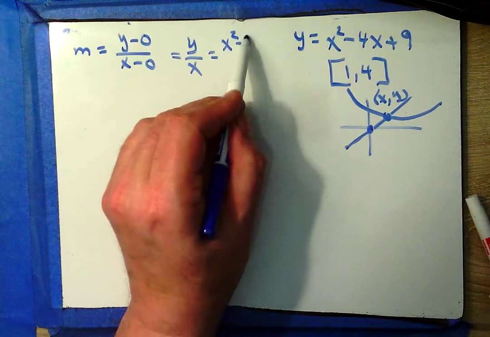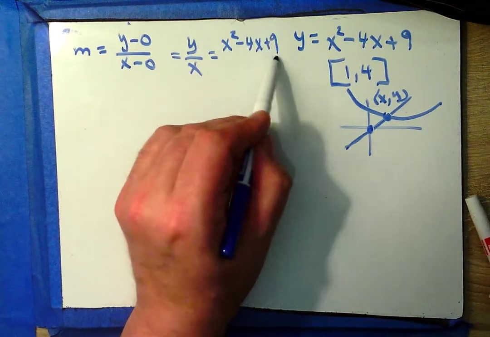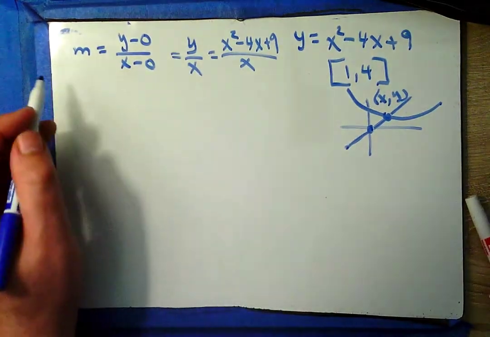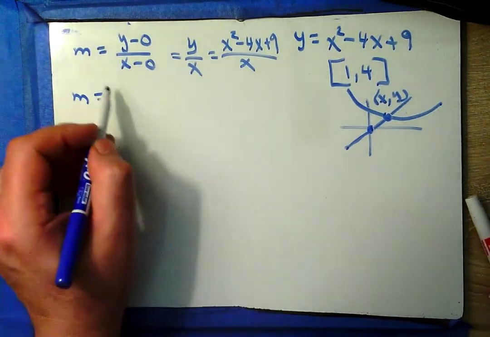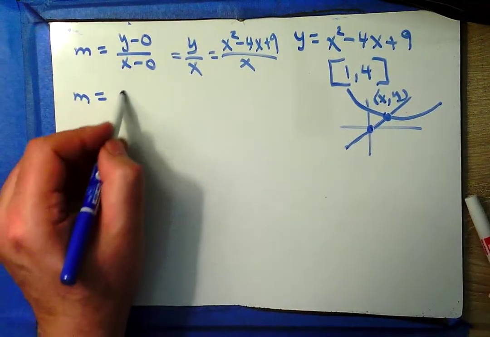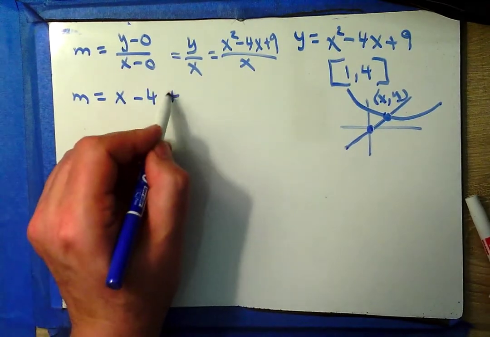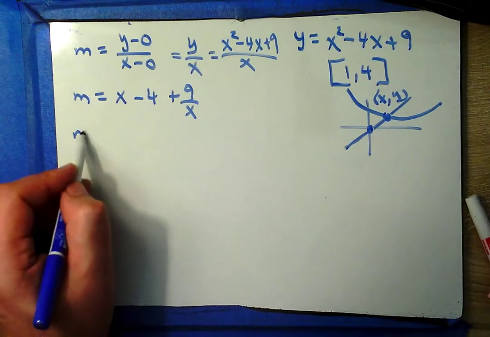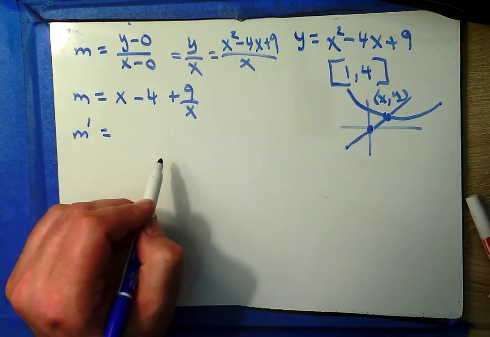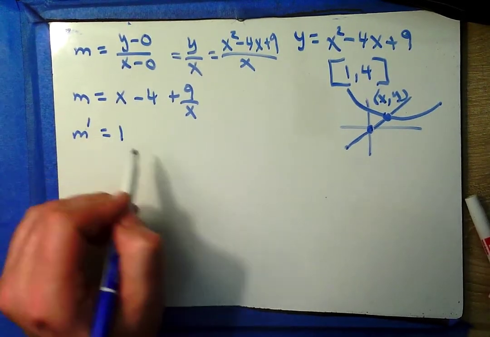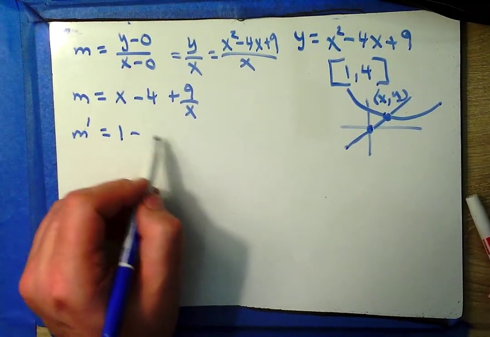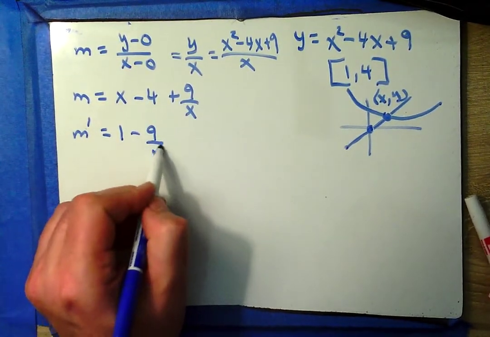It's x squared minus 4x plus 9 over x. So here's my slope equation. In fact, I might even want to split this into 3 fractions and get x minus 4 plus 9 over x. This is slope, and now slope prime, to find the smallest slope, the derivative of that is 0. The derivative of that is 1 minus 9 over x squared.